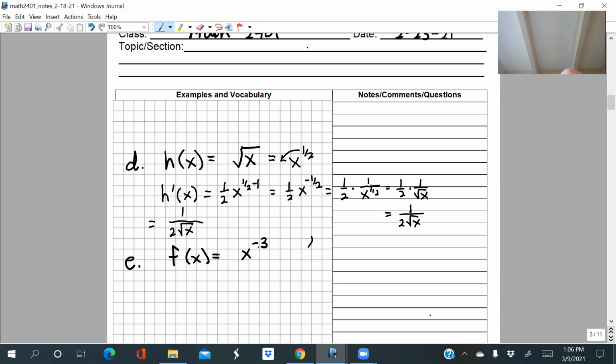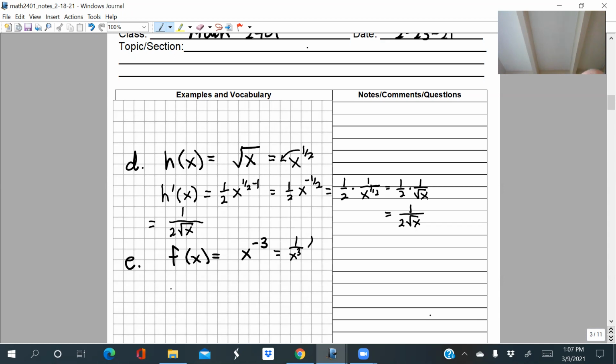All right, let's try this one. X to the -3 power. That happens to be, we know from exponents, x to the -3 means 1 over x cubed, right? Because negative exponent means you take the reciprocal.